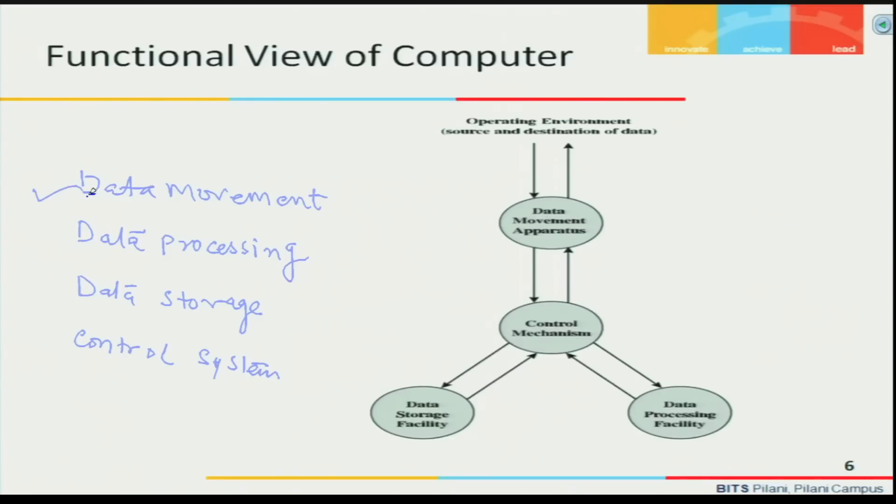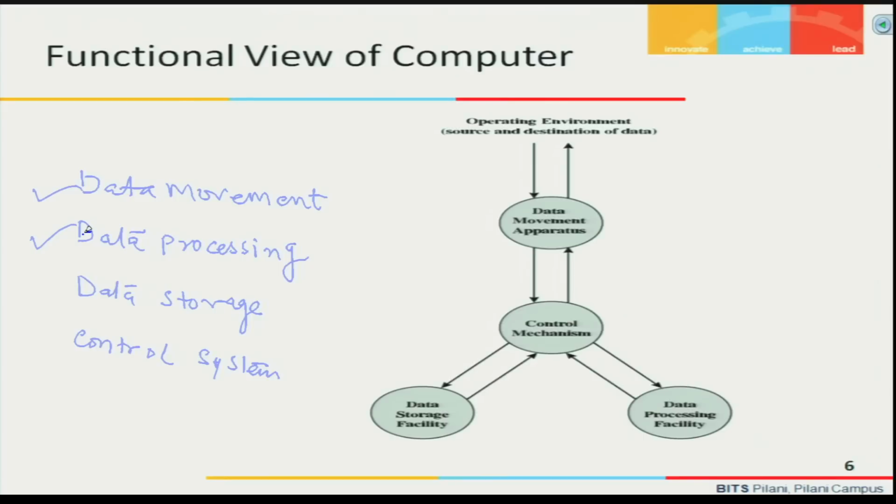So, data movement means moving the data from one component to another component. For example, from an input device the data is inputted and it is stored in the memory. That is one type of data movement. Then suppose I want to perform an addition operation on two numbers.